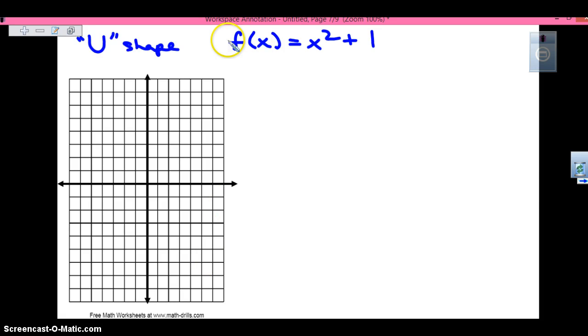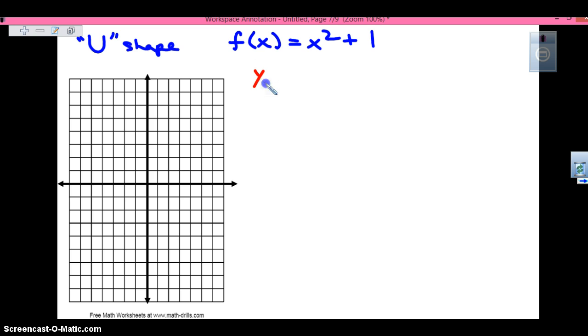If we have to model the function rule f of x equals x squared plus 1 using a table of values and a graph, first of all I want you to see that this x has an exponent 2. This is called a quadratic. With this exponent 2, that means that the graph will be a U shape.